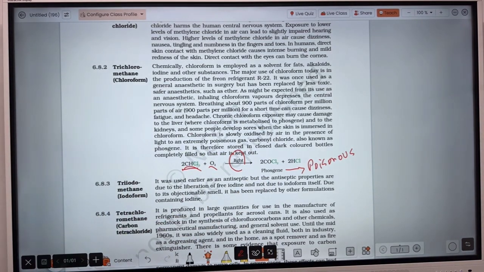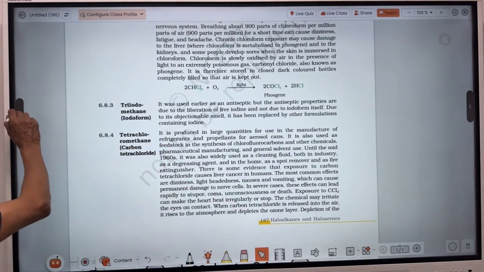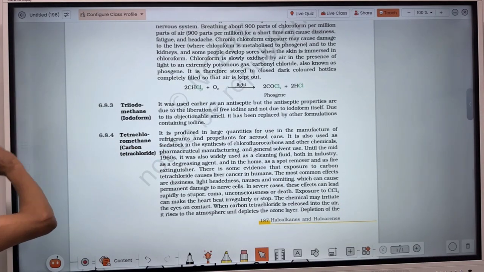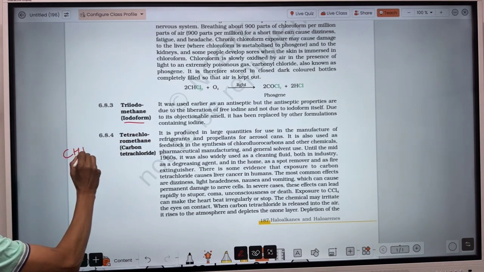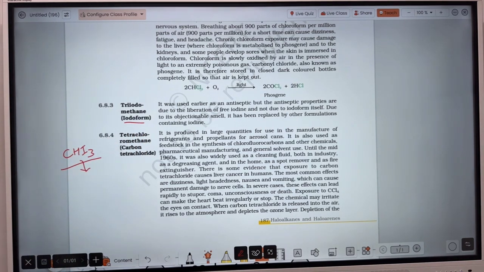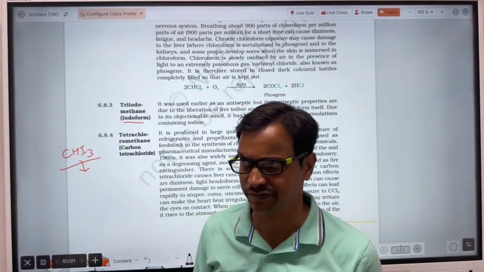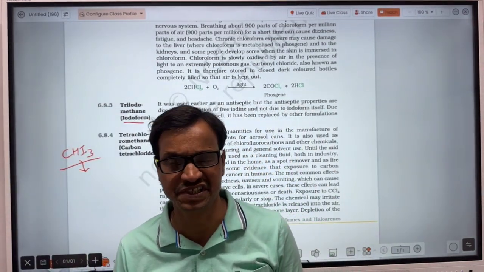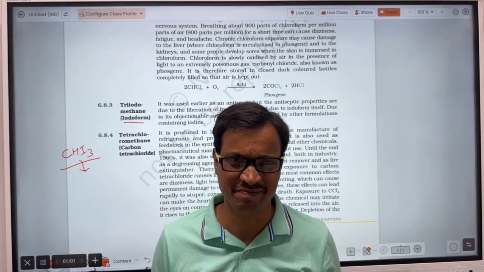Then after is triiodomethane, which can be written as CHI3, also called iodoform. The use of triiodomethane was as an antiseptic, but it has an objectionable smell.